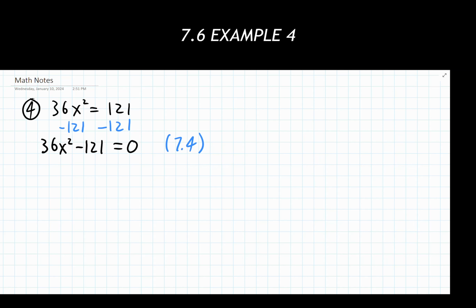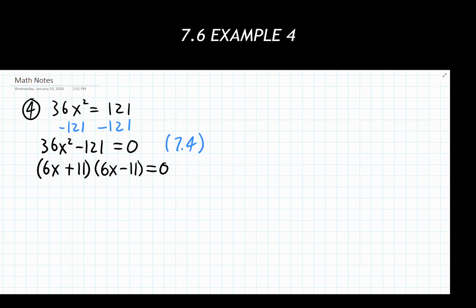So with the difference of squares, if I can identify what the square root of the first term is, which is going to be 6x, and the square root of the second term is, which is 11, then I can write this thing out into its factored form, which is a plus b, or in this case 6x plus 11, and then a minus b, or in this case 6x minus 11 equals 0.